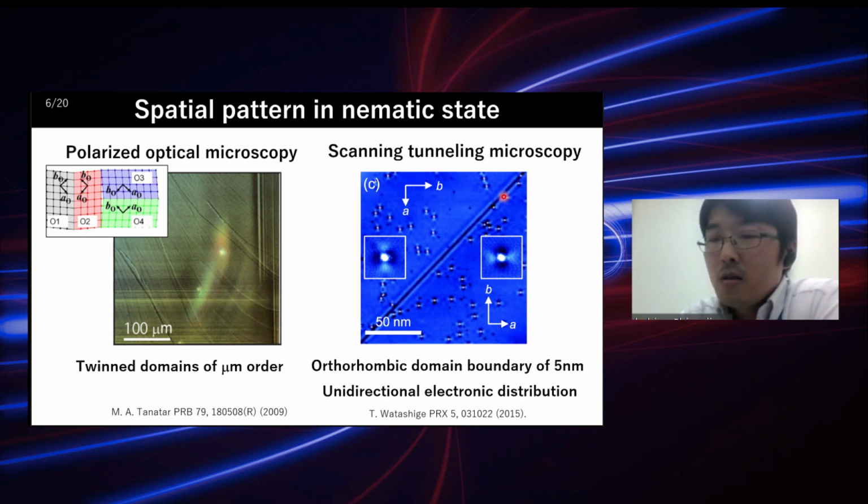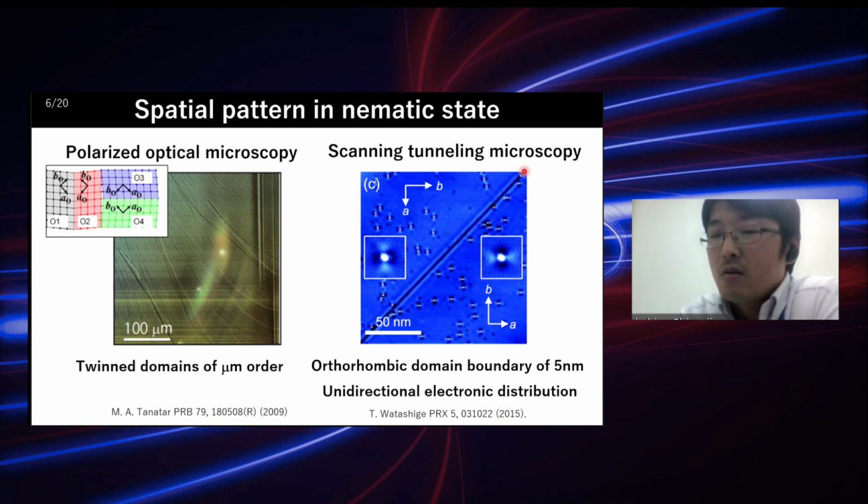This line is a boundary of the orthorhombic domains, and this boundary is known to be very sharp. Its width is around 5 nanometers. And as you can see, across this orthorhombic boundary, the electron distribution is rotated by 90 degrees.